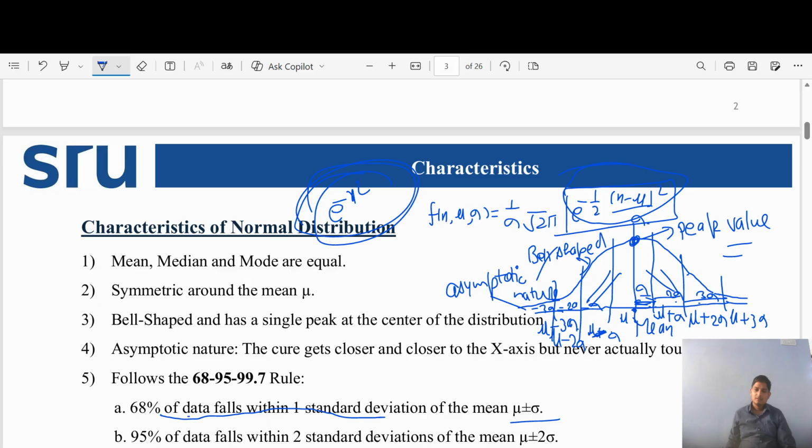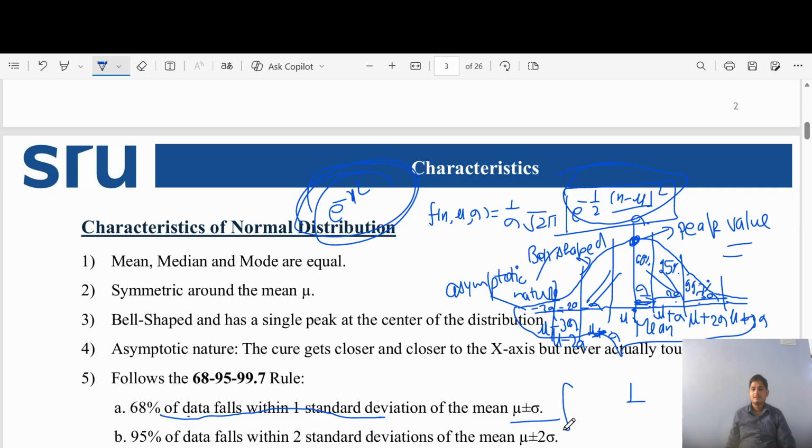So 68% of data falls within one standard deviation, meaning 68% of data lies between these limits. 95% lies between two standard deviations, and 99.7% lies within three. The total area of the curve is 1.